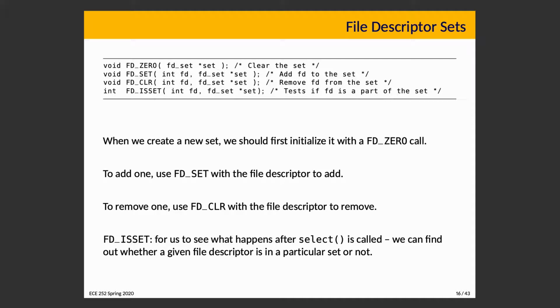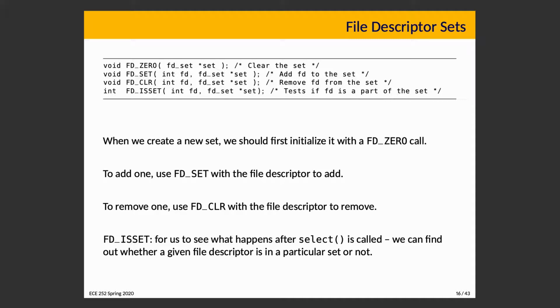And then there are FD_SET, FD_CLR, and FD_ISSET functions, which are used in conjunction with a set and a file descriptor. If you want to add a socket to an fd_set, you just use the FD_SET function, specifying this is the file descriptor I want to add to this set. And to remove it, FD_CLR, so again, remove the following file descriptor from the given set.